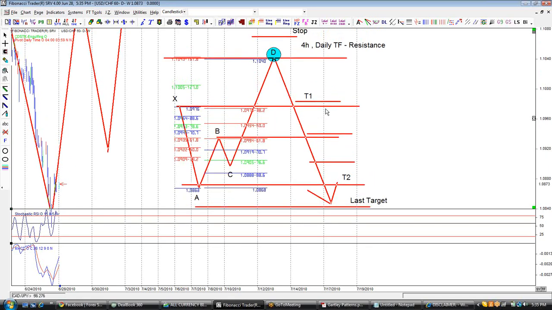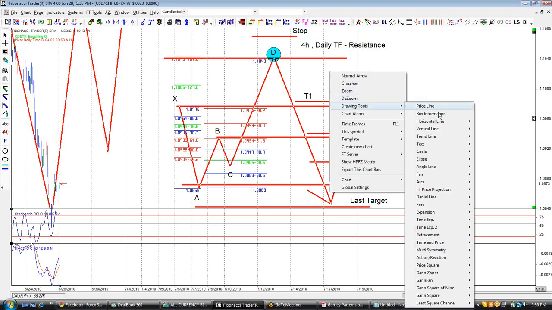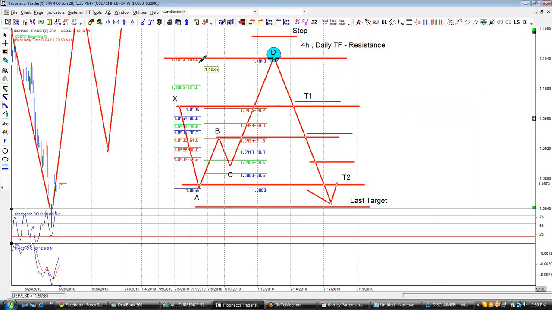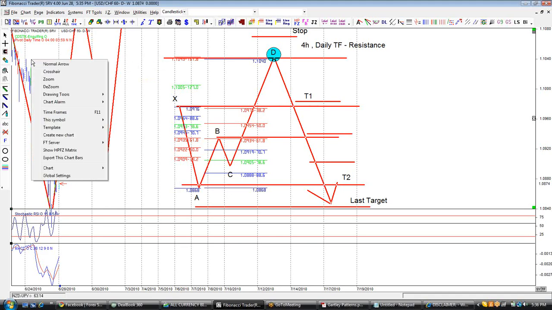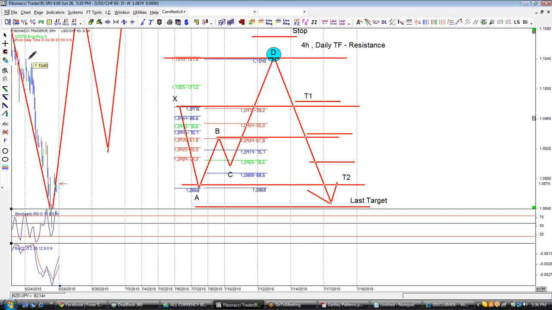And see, in this case, we said from the A to the D, we have 34 plus, let's say, 2 for the spread, 36 pips stop loss. Let's see how much is there to target 1.